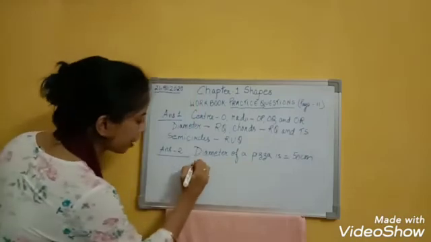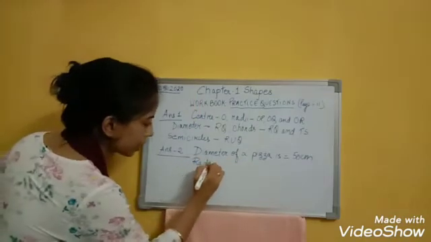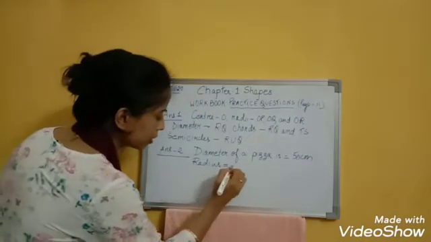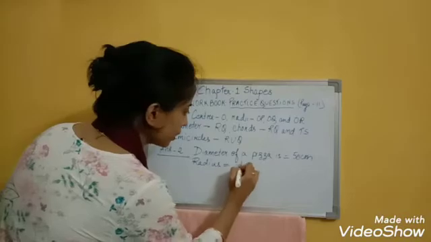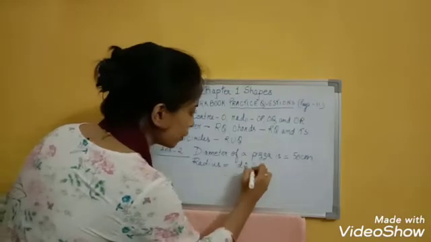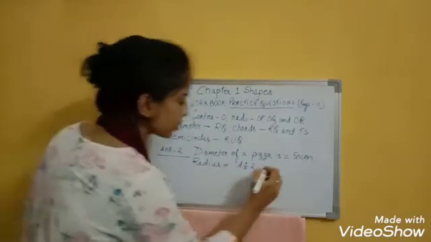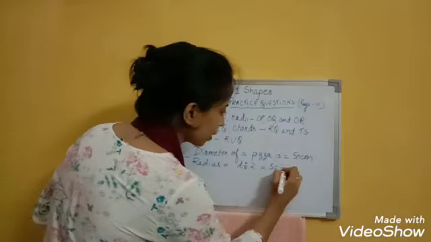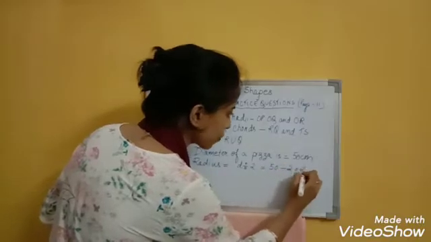Now you have to find out its radius. What is radius? Radius is half of a diameter. So radius is D divided by 2. D denotes diameter. Diameter is 50 divided by 2, equal to 25 cm.